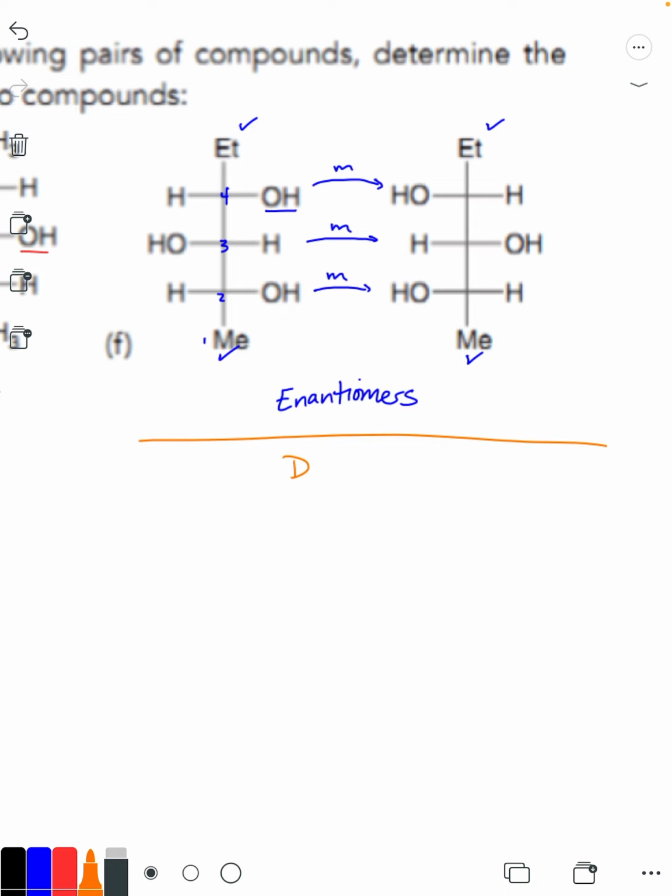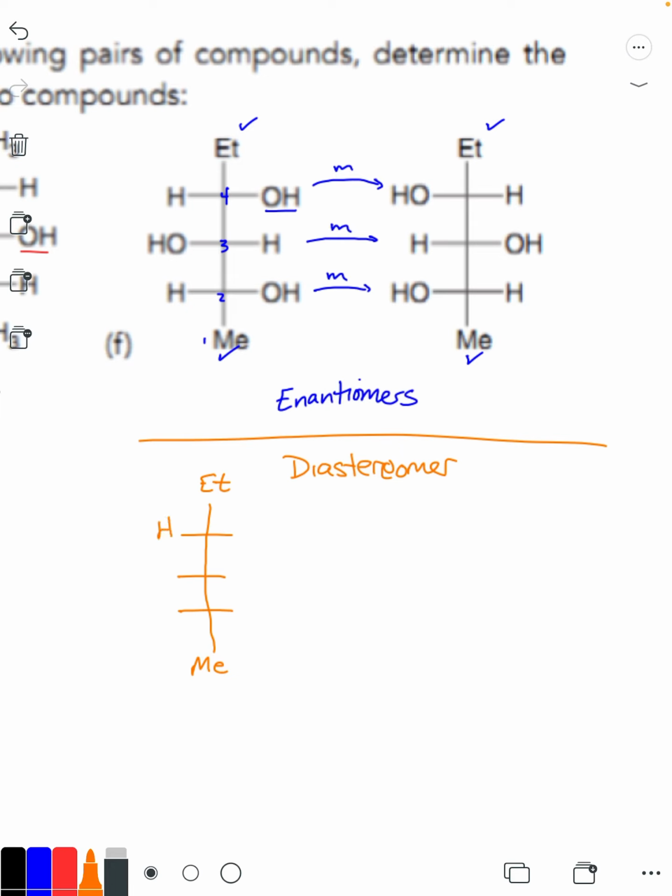If a different problem asked us to draw a diastereomer of one of these molecules, all we would be doing is drawing our backbone, putting everything on the backbone in the same place, but then switching only some of the stereocenters.